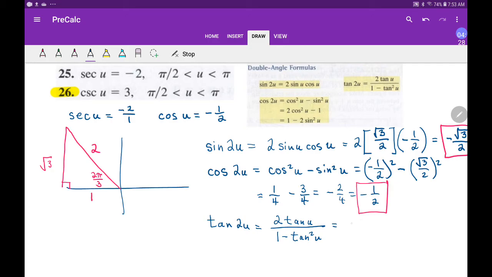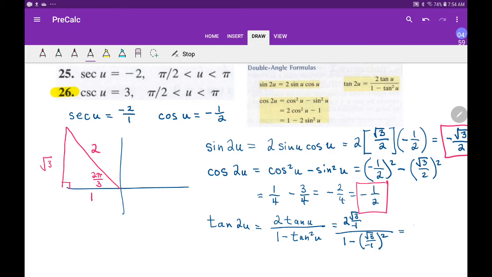Well, the tangent of u is, I'm running out of room here, 2 times the square root of 3 over 1 on top, and that's a -1. On the bottom I have 1 minus the tangent of u squared, so that's going to be square root of 3 over -1 squared.